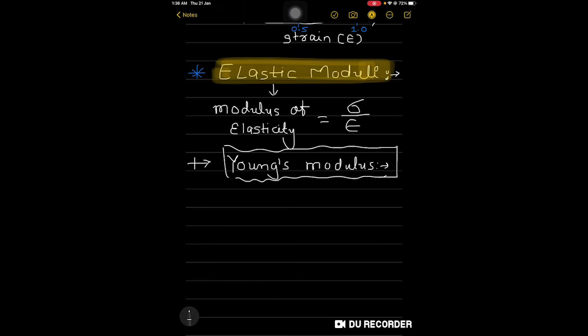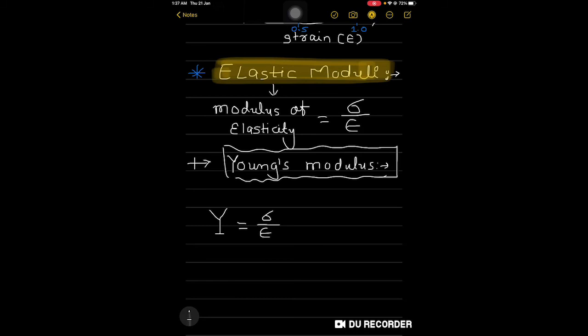The ratio of tensile or compressive stress to the longitudinal strain is defined as Young's modulus and is denoted by the symbol capital Y. So Young's modulus is given the symbol capital Y and it is equal to sigma over epsilon.